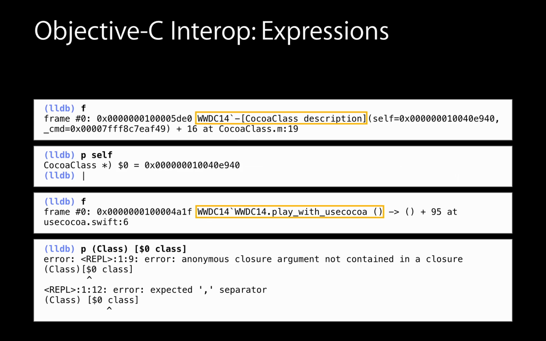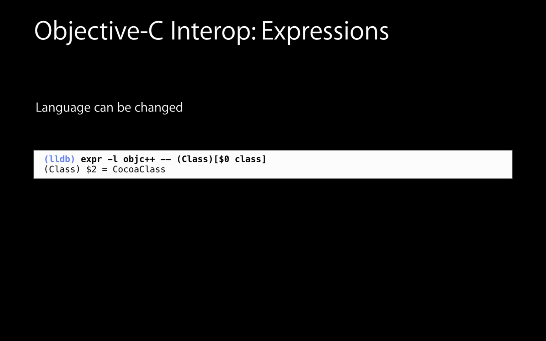Well, what's going on is you're trying to use the other language. And there's a way for you to do that. But you have to tell lldb, don't automatically infer the language of my expressions from the language of the frame I'm stopped in. Use the language I tell you to use. In this example, we're using the -l or --language flag to the expression command.